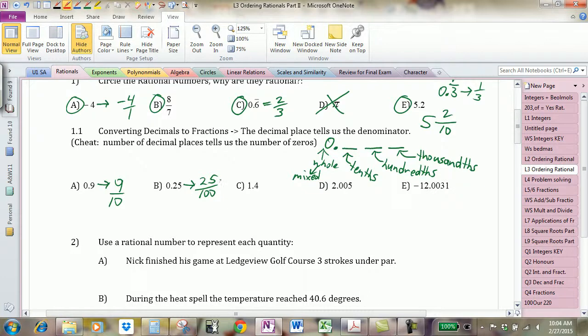Dividing by what, on both the top and the bottom? So that equals 1/4. So we want to go to lowest terms. We want to make sure we reduce. Next one, what kind of fraction are we going to write? A mixed. 1 and 4/10. Now that's okay, but it's not good or great. What should we do? Divide by 2. Anytime you have both even numerator and denominator, always divide by 2. We get 2/5.